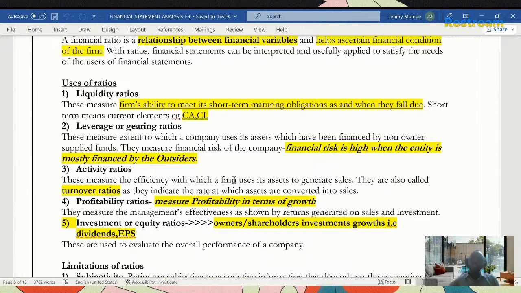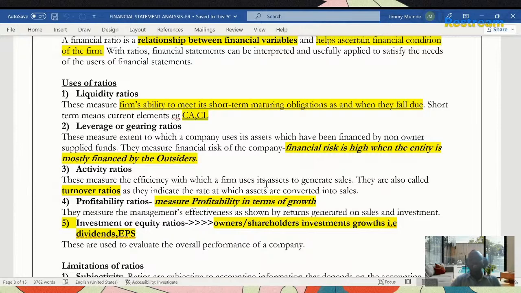This talks of short-term liabilities, which are expected to be offset against the short-term assets. So this is basically a comparison between the current assets and the current liabilities. We also have leverage or gearing ratios. This measures the extent to which a company uses assets which have been financed by non-owners.